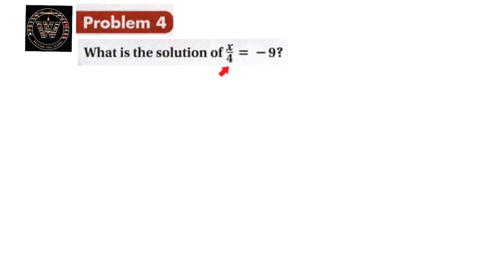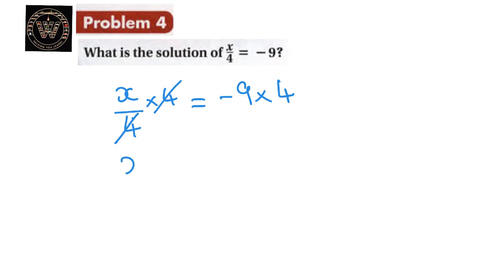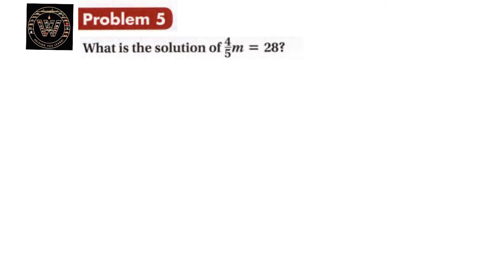So let's rewrite this equation once again. So x over 4 is equal to -9. And I remove this 4 by multiplying by 4 on both sides. 4 cancels with 4. x is equal to -36. And that is the solution of this equation. Let's solve this.